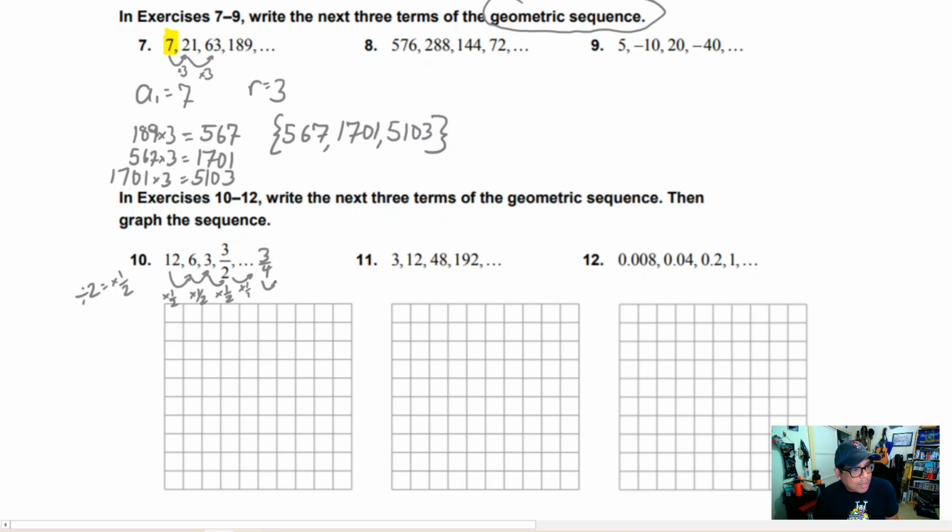And then the next one, I'm going to multiply by 1/2 again. That's going to be 3 over 8. Hope you see the pattern in the denominator. And then I'm going to multiply by 1/2 again, and that's going to be 3/16.